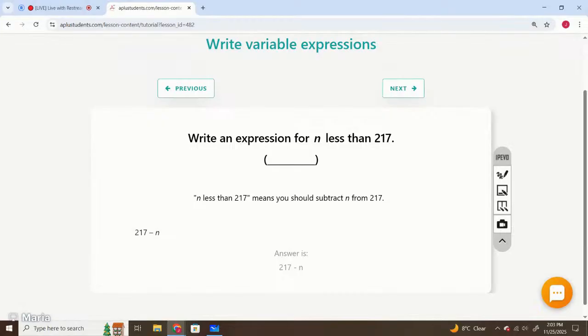N less than 217. Less means you need to subtract. So that is 217 take away n. So n less than 217 means 217 minus n. Got it?